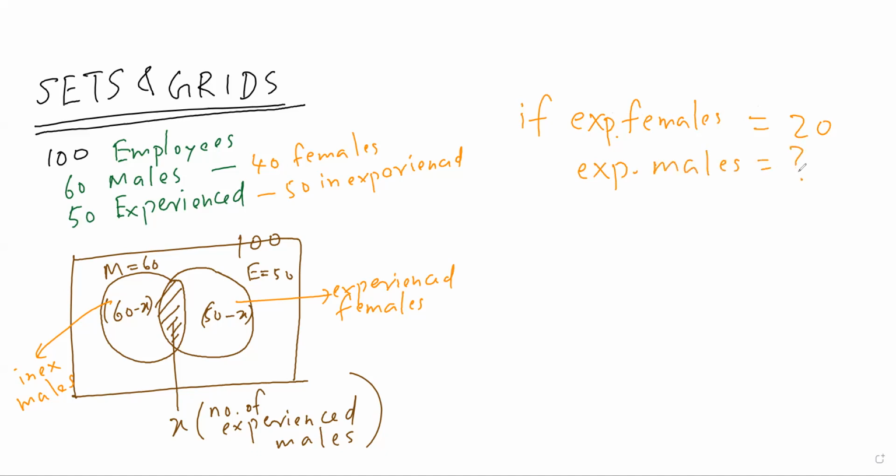Okay, so this is pretty straightforward because the total number of experienced people, total experienced, is 50. So therefore, experienced males in this case is 50 minus 20, right? It's 30.